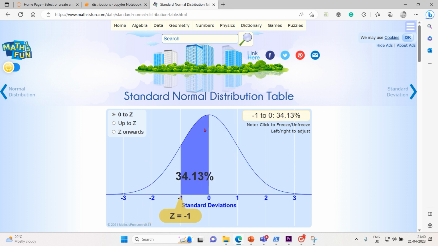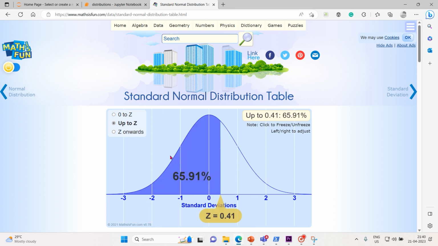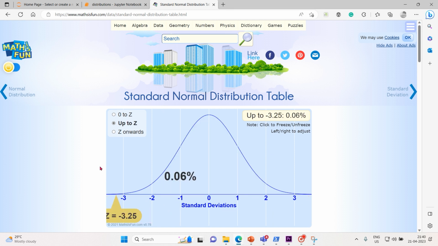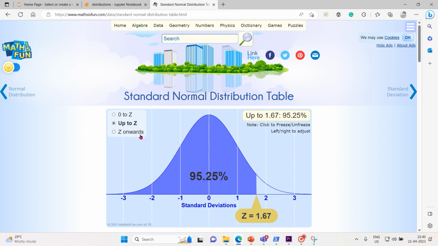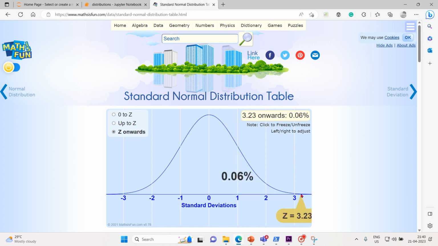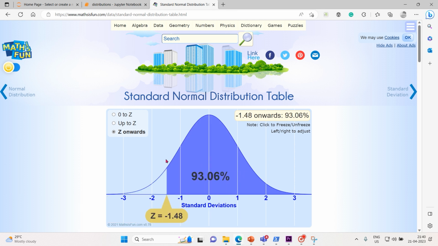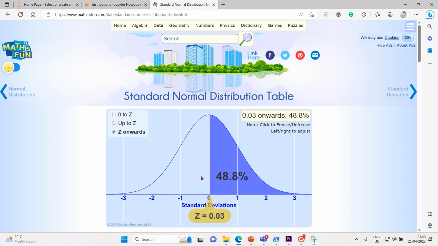You can take 0 to Z either this way, or from here to here, or from this side to this side. So this is the standard normal distribution, and this is a simulation for you to understand much more about this Z score.